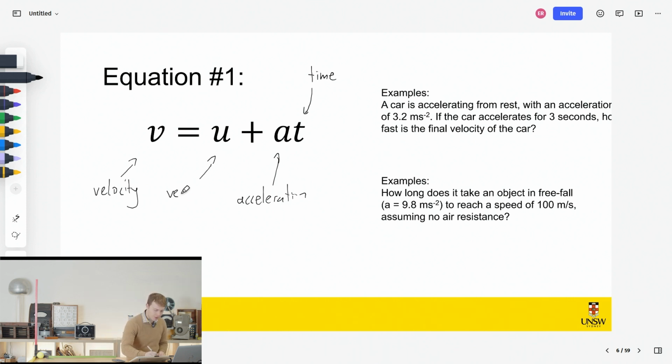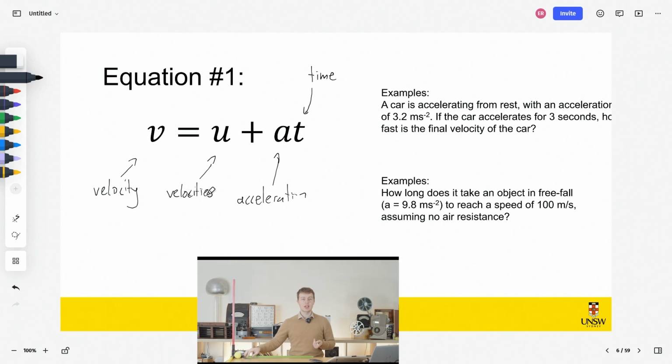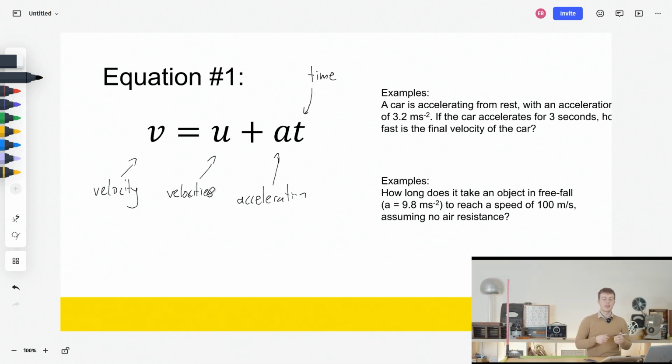And you might ask yourself, what the heck? How can there be two velocities? Well, there's two time periods in which we're considering things. There's the velocity before things happen, so we'll call this the initial velocity.